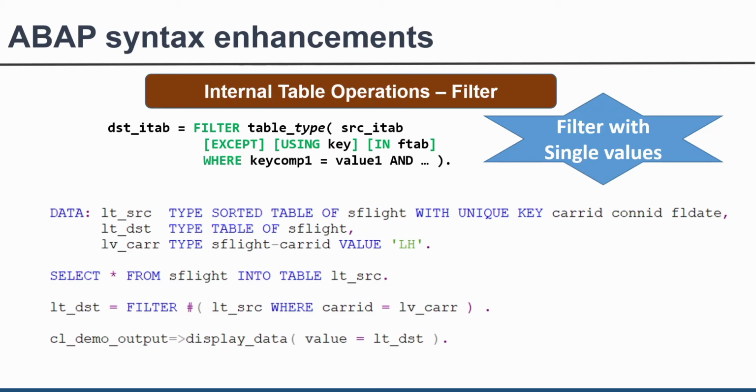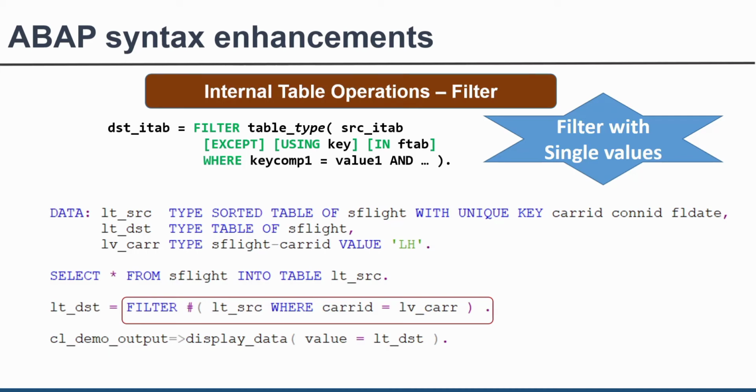In the main logic, the filter condition is used. Here, it will filter values in the internal table LTSRC based on a condition given in the where clause. So all the records matching the condition will be passed to the final internal table LTTST.